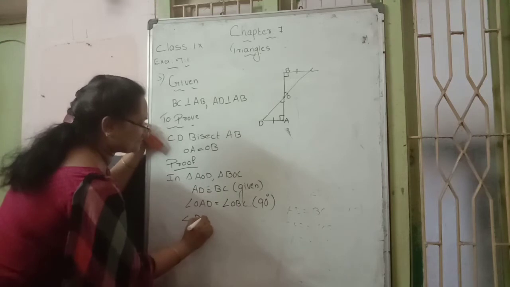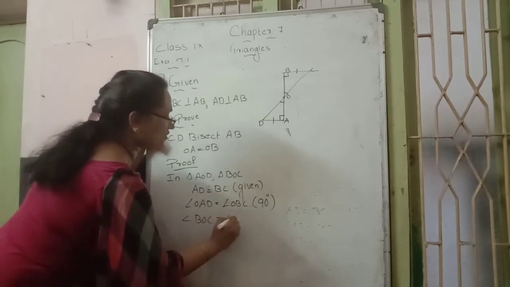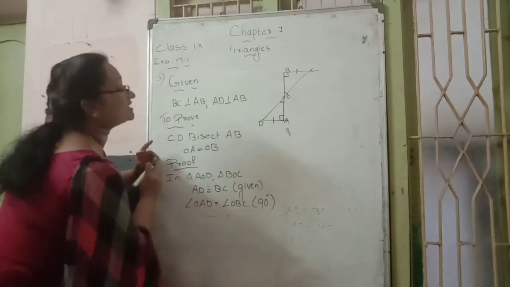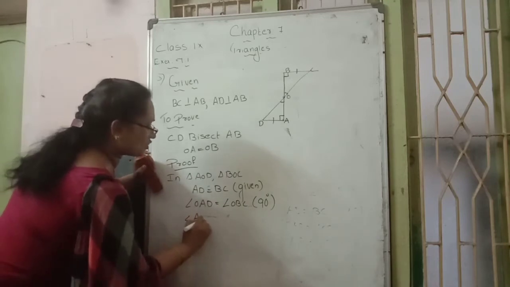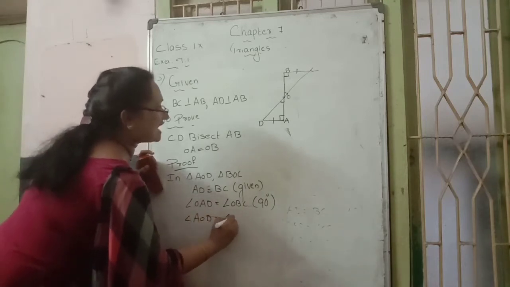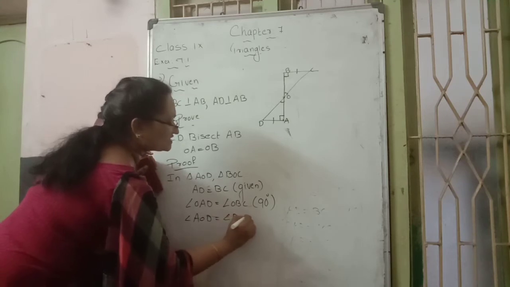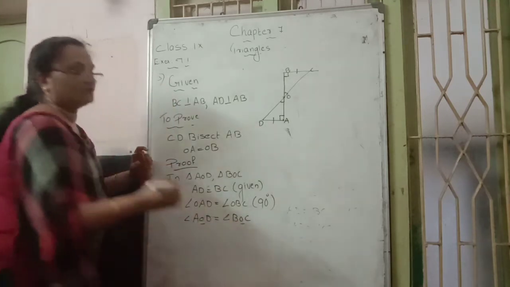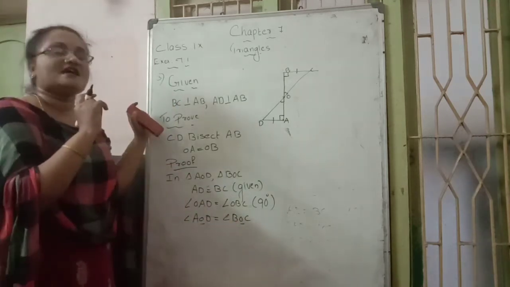So that matter we write angle-wise. Angle BOC is equal to, here in the first triangle we mentioned, angle AOD. So angle AOD is equal to angle BOC. O is the vertex, and O comes as the middle alphabet.